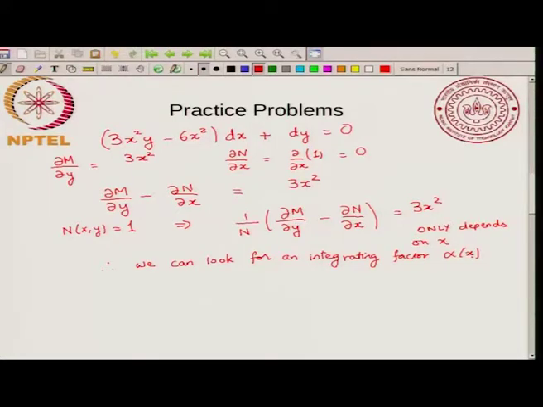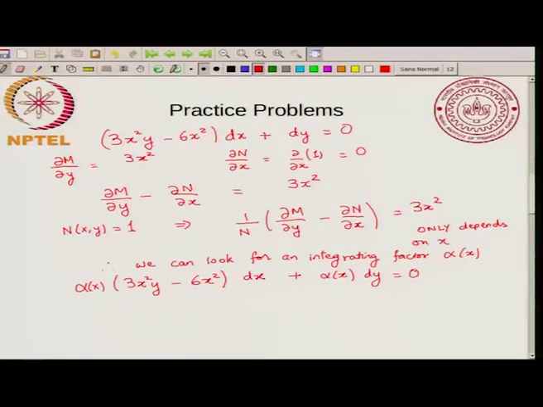Okay. So, we go ahead and we put this integrating factor. So, then our equation becomes alpha of x times (3x square y minus 6x square) dx plus alpha of x dy equal to 0.